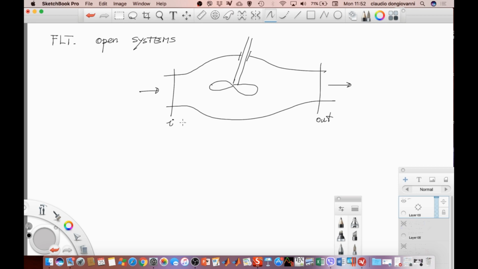We have a heat exchange, and also a work exchange that can be exchanged through a mechanical element that is able to interact with our fluid, like a fan.